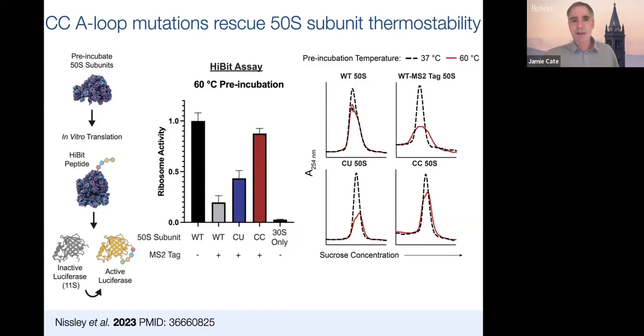As you can see, after heat treatment, they start to spread out a little bit, which shows that they're damaged. That's the red line for the wild type case, or the natural sequence. But with these mutations, you can see that after heat treatment they don't fall apart quite as dramatically. So this is evidence that we've improved the thermostability of the ribosome.